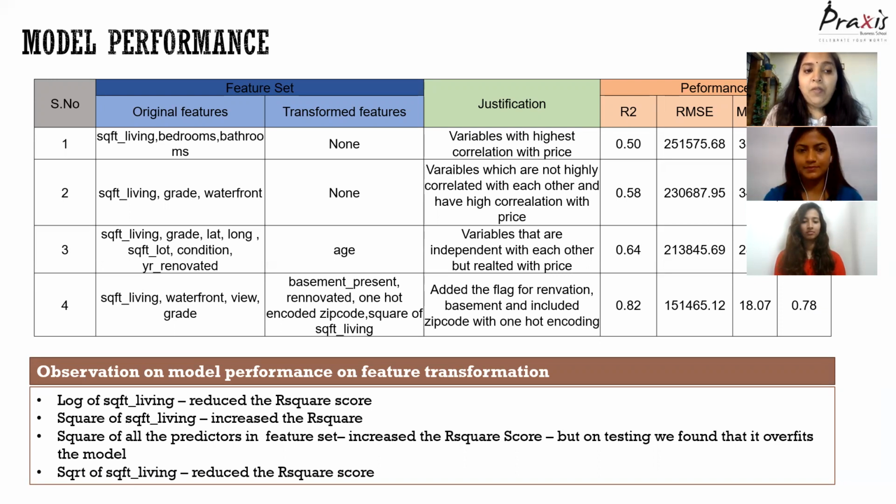We played around with squaring all the other predictors, and it increased the R square score. But when we did the final testing, it in fact gave us bad accuracy for the model. We did try the square root as well, but again, it reduced the R square score.